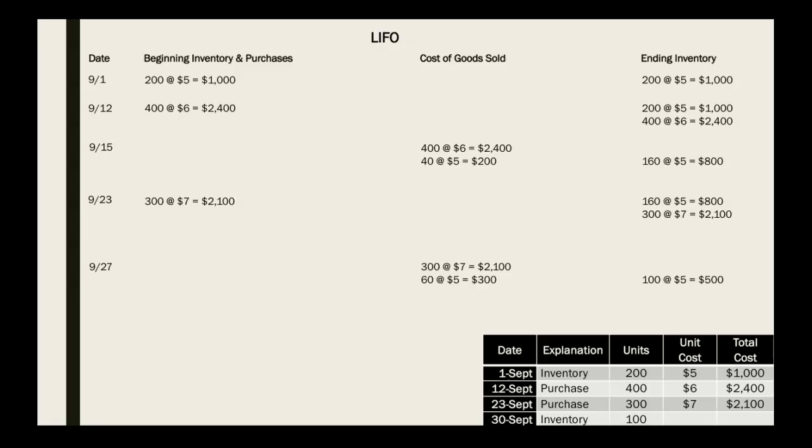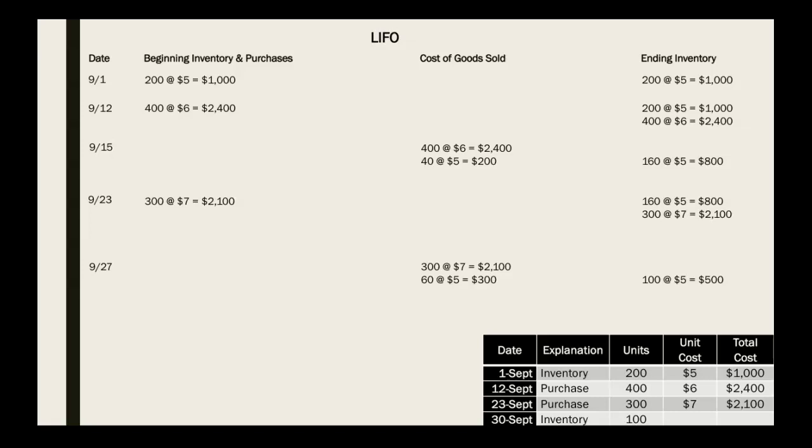And those are going to come from the other group of inventory that we had, the ones at $5 a piece. So we sell all 300 at $7, and then we have to dip into that group at $5 a piece. So for our ending inventory on that day, we had 160 units at $5, but then we sold 60 of them.